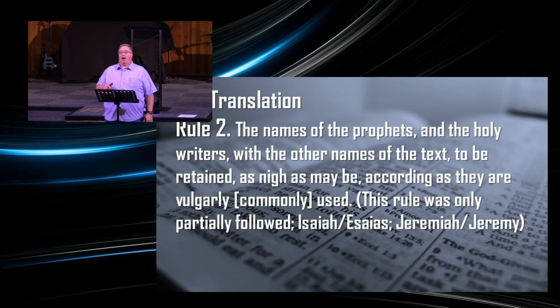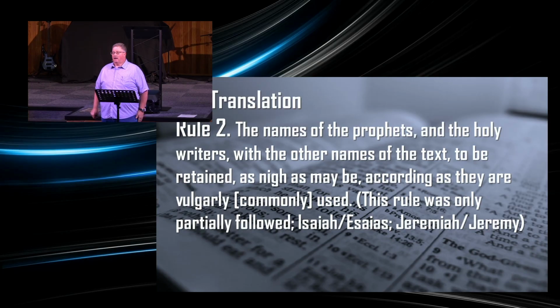Rule number 2. The names of the prophets and the holy writers with the other names of the text to be retained as nigh as may be according as they are vulgarly or commonly used. Now, if you have a King James Bible, you know that they didn't follow this rule very well.